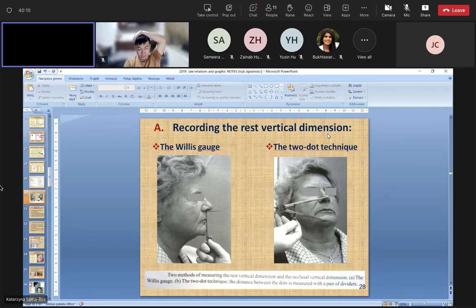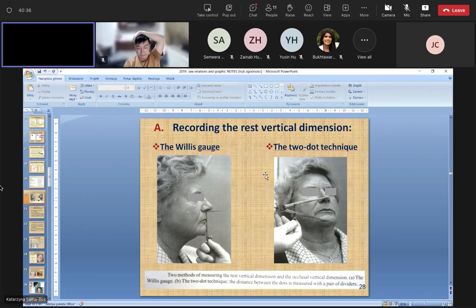The first utilizes a gauge which measures the separation between the lower border of the septum of the nose and the lower border of the chin, and this is the Willis Gogg method, as you see here. And the second involves marking points on the skin and measuring the distance between them, and this is called the two dots technique.